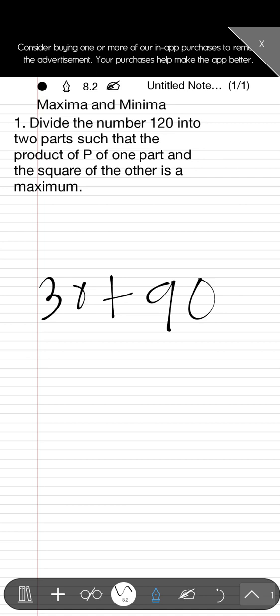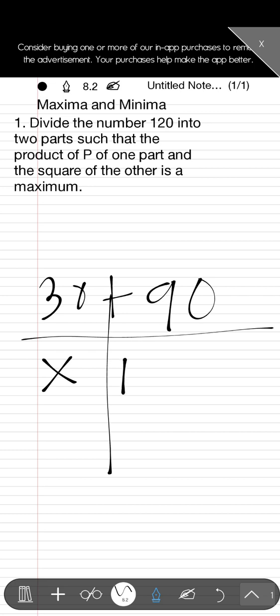How will you make an expression para makasolve tayo? Kasi napakarami no? So, let's say your number 30 is x. Then, the other number is 90. Paano naging 90? That is 120 minus 30. So, 120 minus x.